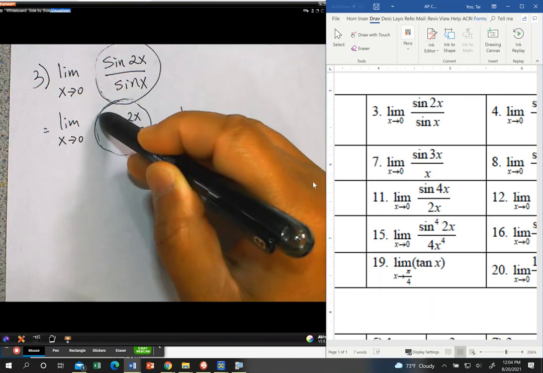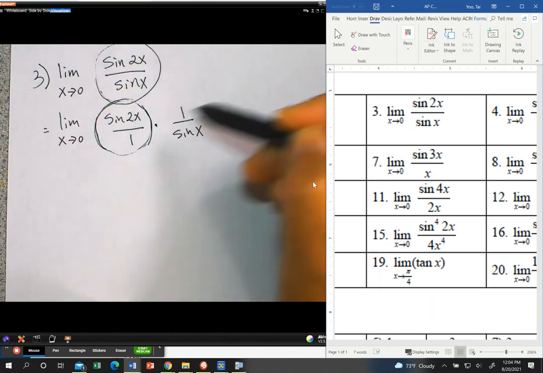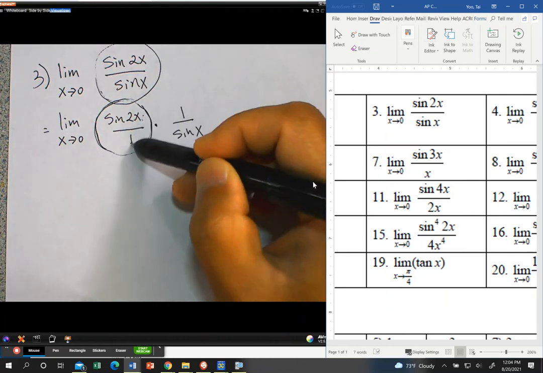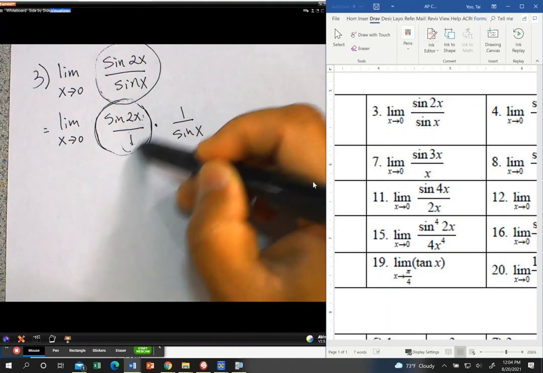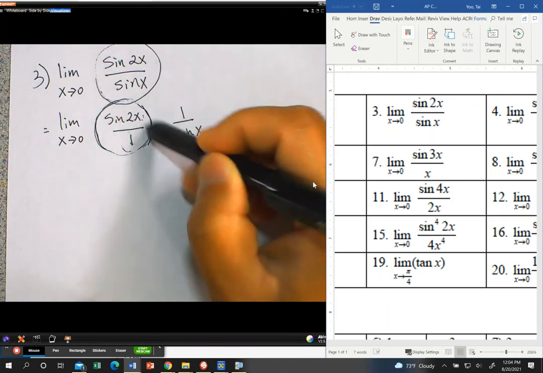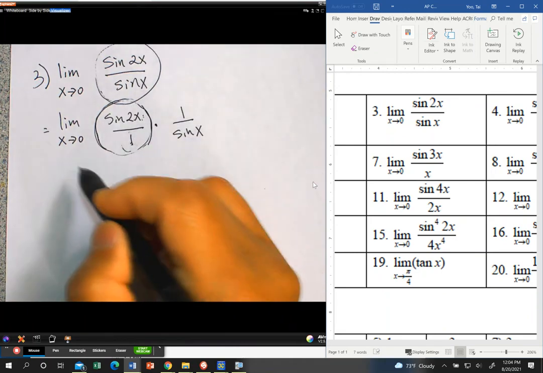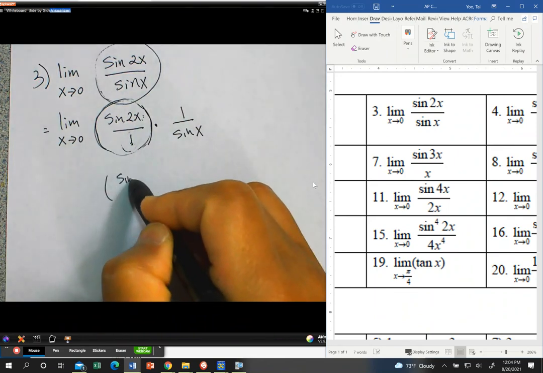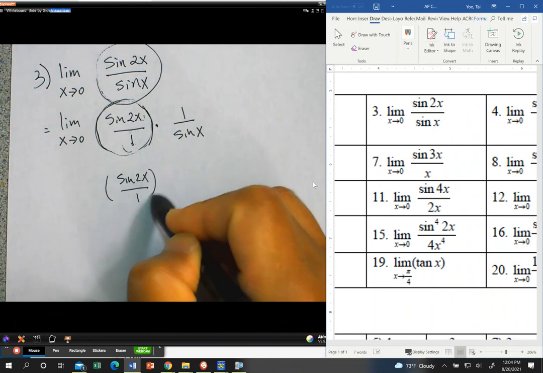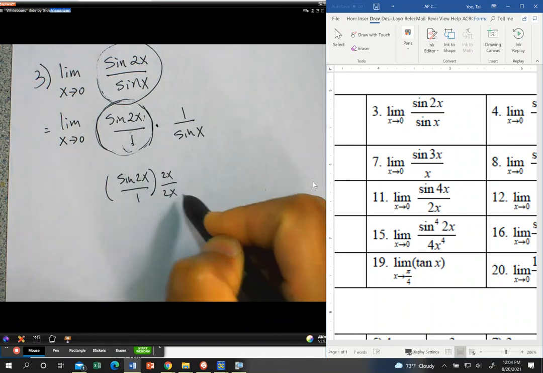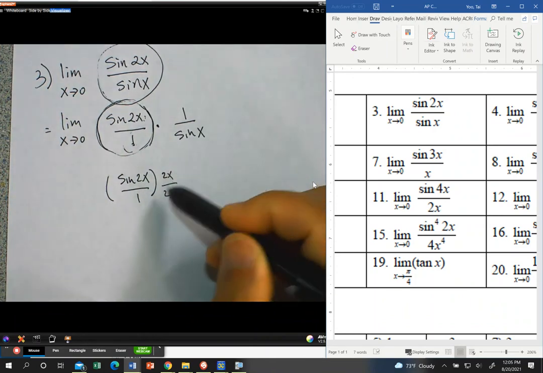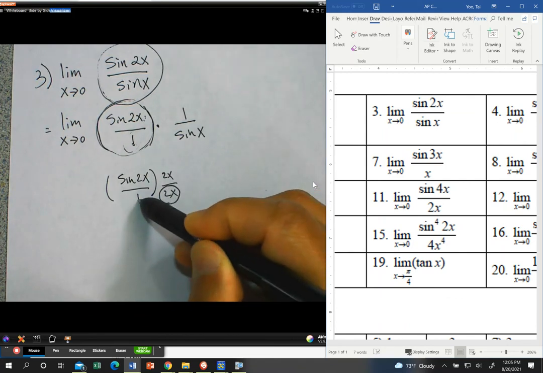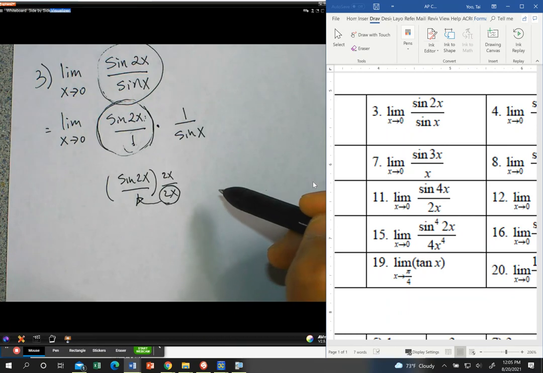Okay, so what can I multiply this thing that I circled by? Are they matching? No. What am I missing over here? 2x. So I need to multiply by 2x over 2x: sine 2x over 1 times 2x over 2x. And what am I going to do with the 2x on top? Put it in front of the 1, right?